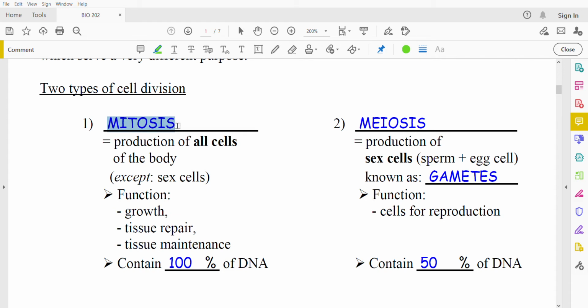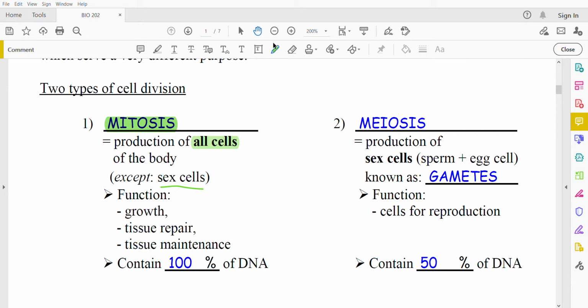In mitosis, we are producing cells for all other cells in the body, with the exception of the sex cells. Sex cells have a different reproduction process than mitosis, and we discussed that in chapter 11 as a separate concept on its own.